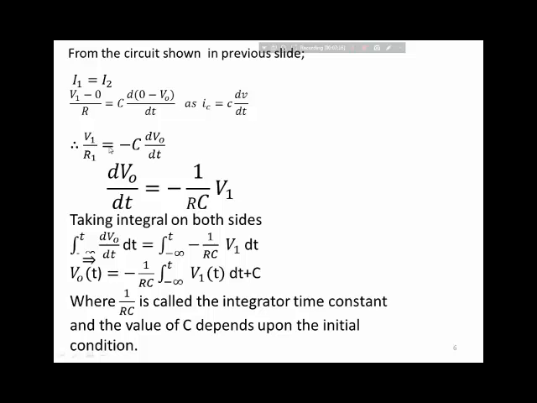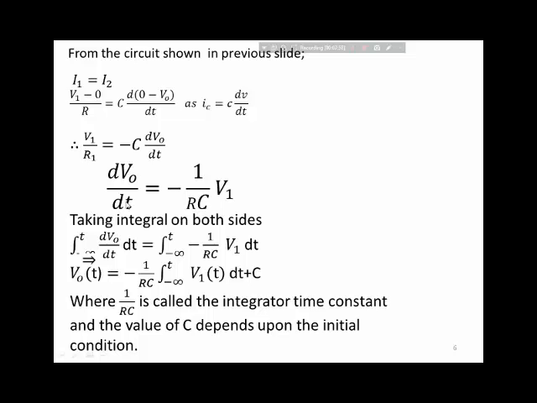V1 over R would be equal to C, and this minus sign we bring out and write it as minus C dV0 by dt, from which we can write the equation for dV0 by dt: dV0 by dt would be equal to, bringing this to the other side, minus 1 over RC into V1. And now at this point we can integrate this equation to find the output.